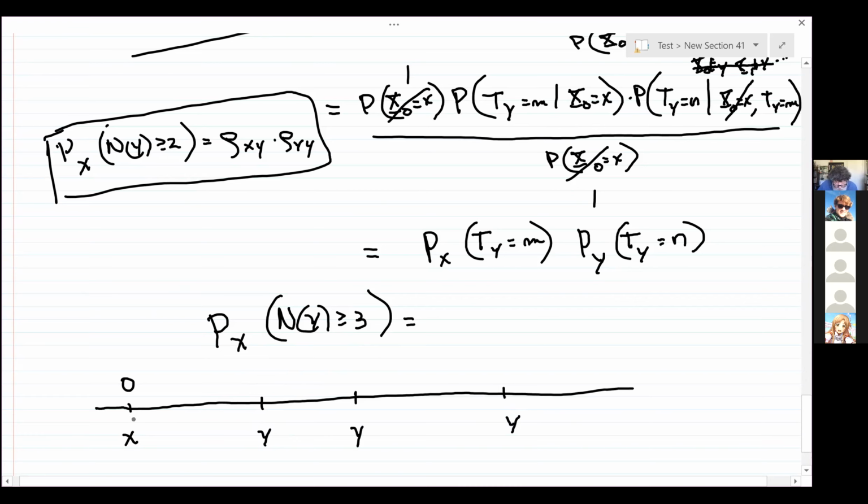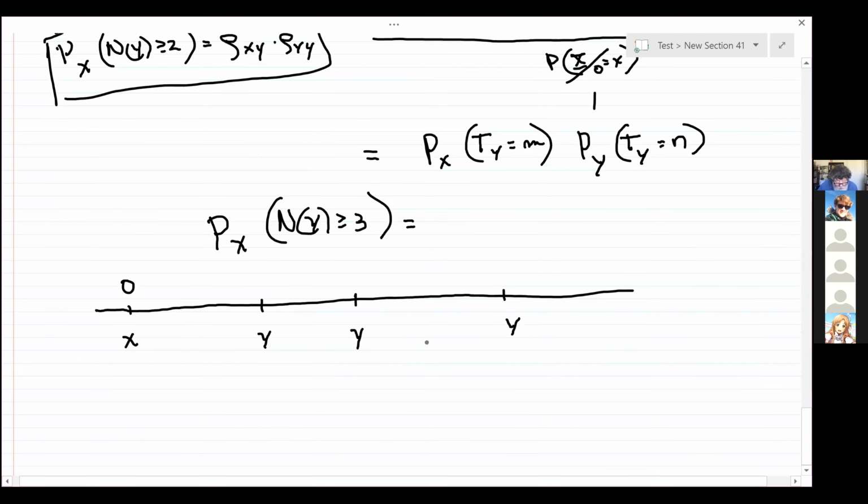But this is saying starting at X, you're going to visit Y at least 3 times. And with this picture, what we would guess this to be now would be, what's the chance of getting from X to Y eventually? That's rho X, Y. Once you're here, everything in the past is sort of forgotten. What's the chance of going from Y to Y eventually? That's rho Y, Y. Once you're here, everything that's past is forgotten because it's a Markov chain. What's the chance of getting from Y to here again? That's another rho Y, Y.